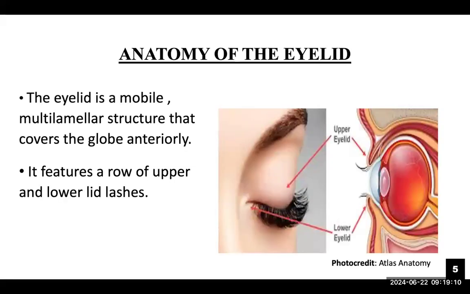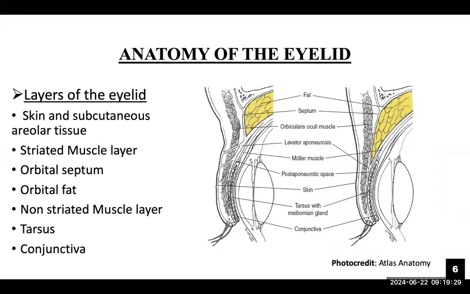So moving on to the anatomy of the eyelids, it is a mobile multilamellar structure that covers the globe anteriorly. It features a row of upper and lower eyelashes, as shown in the diagram. So next slide, please. The eyelid has some distinct layers.